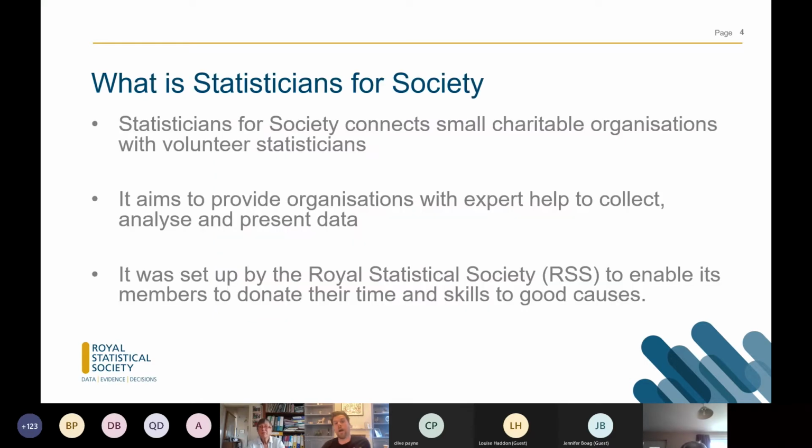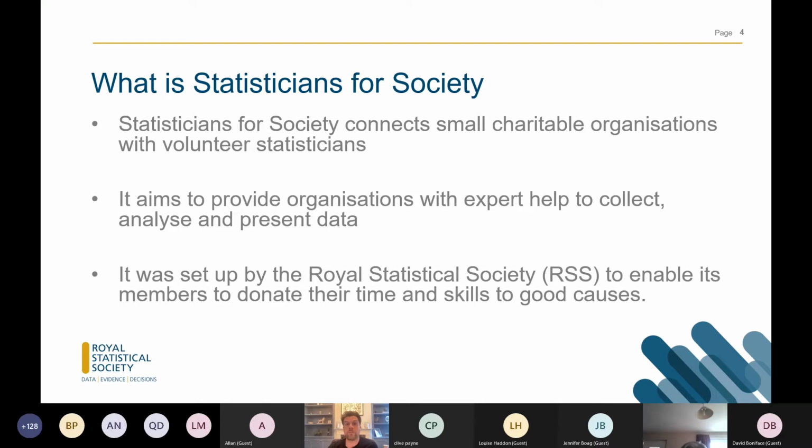Thank you. So I'm going to now speak a bit about Statisticians for Society. Statisticians for Society connects small charitable organisations with volunteer statisticians. The aim of the initiative is to help these charities to collect, analyse and present data. And in reality, it's whatever the problems are for those charities.